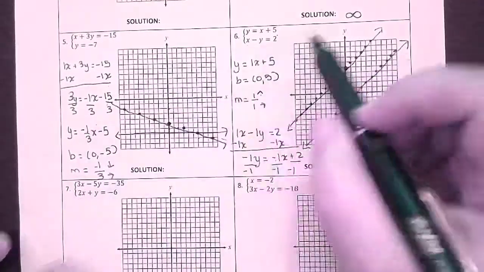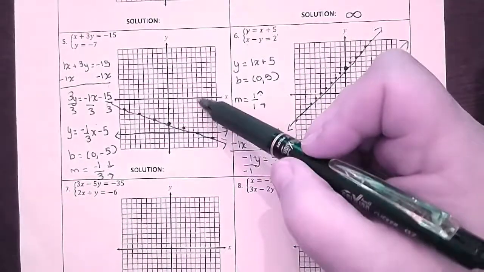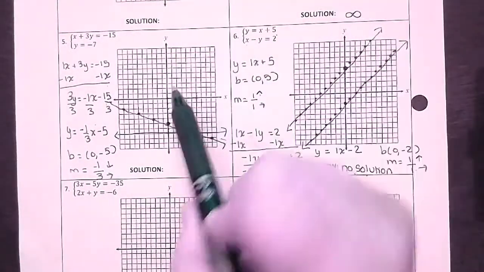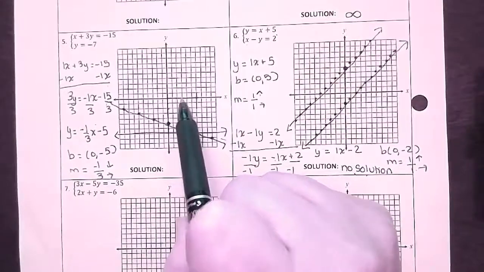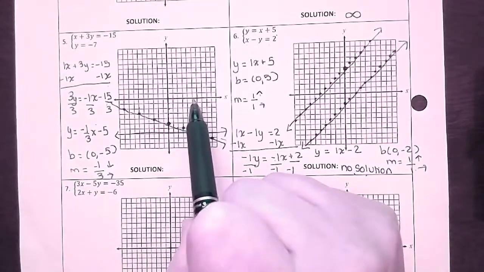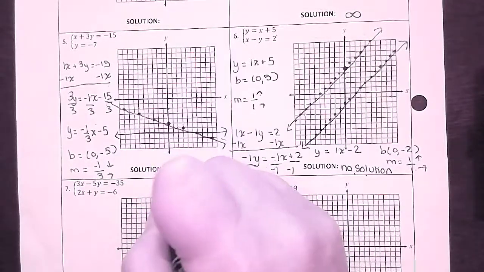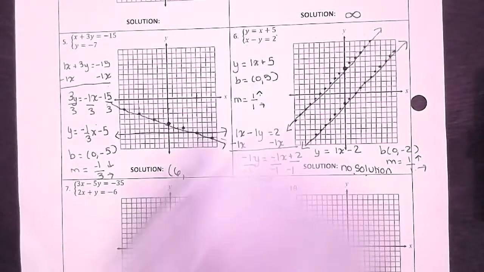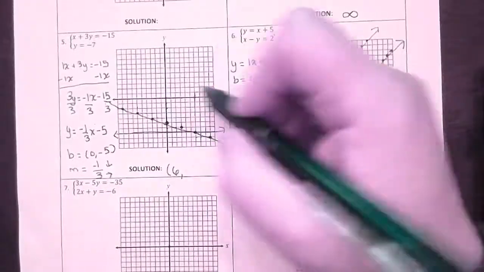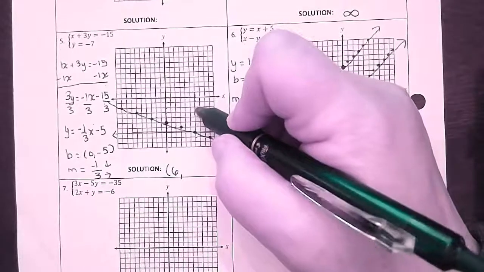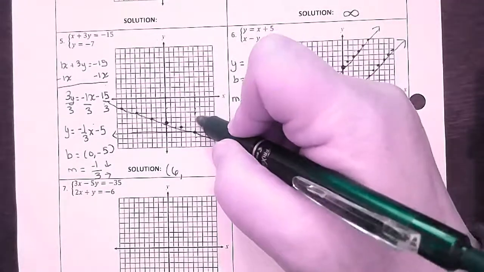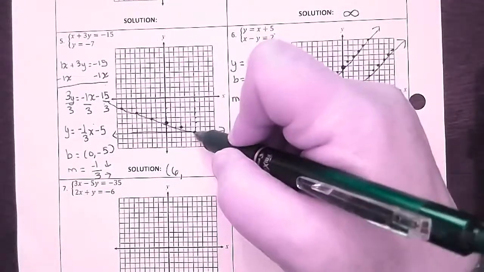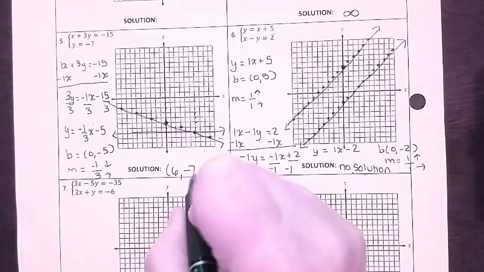So to get to this point right here, I go over 1, 2, 3, 4, 5, 6. So my x value is a positive 6 because I went this way. And then I go down 1, 2, 3, 4, 5, 6, 7. So that's negative 7. All right.